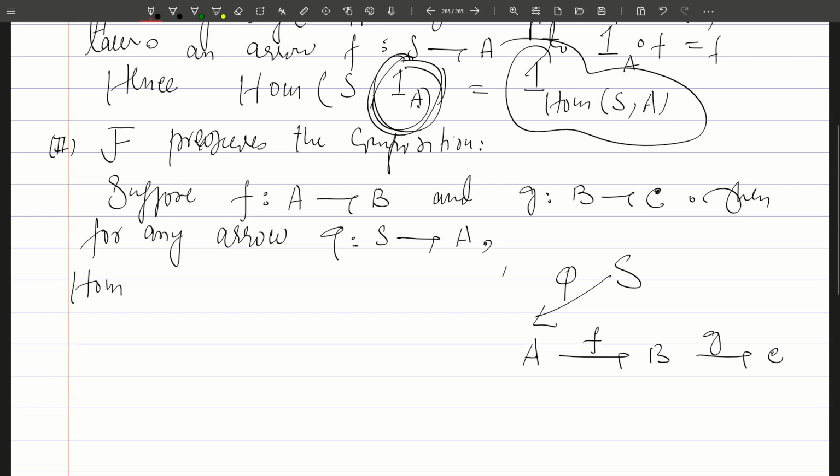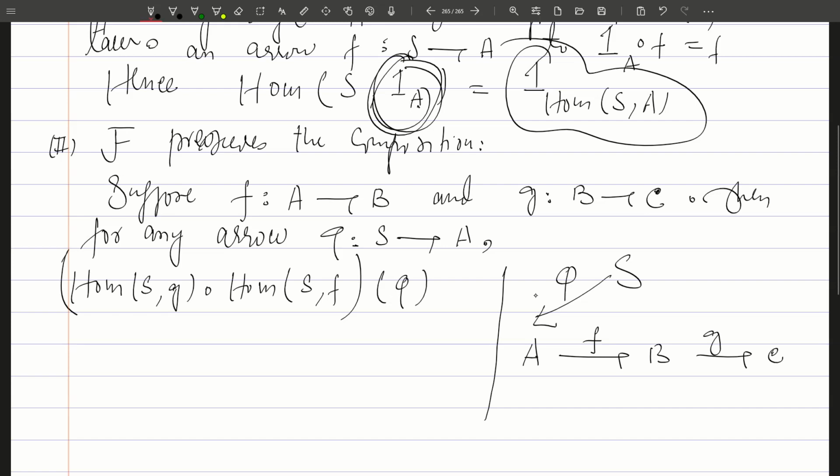Hom(S, g) composed with Hom(S, f). So this is the composition map operated on the map phi.